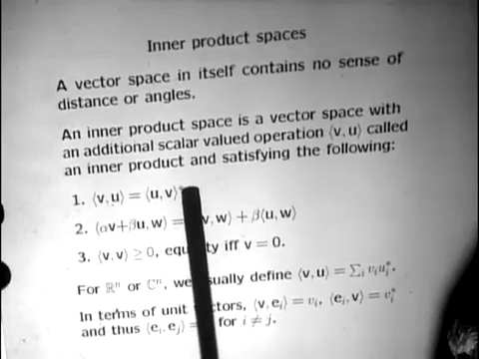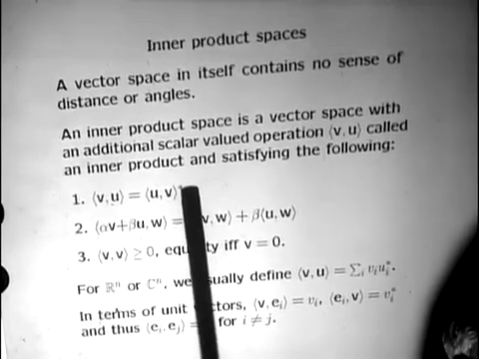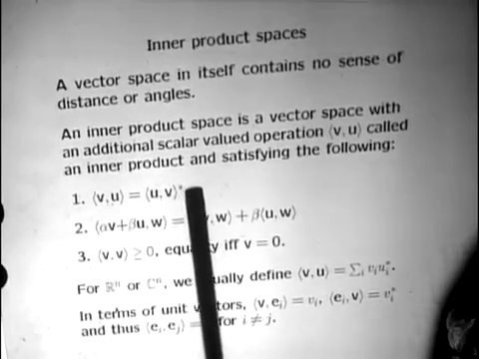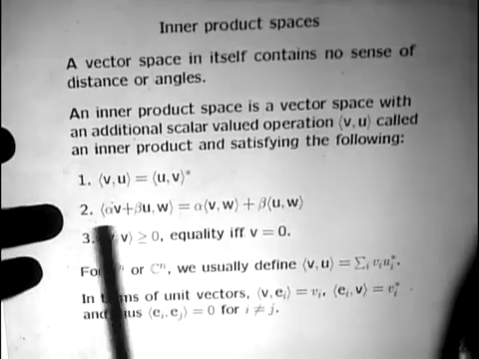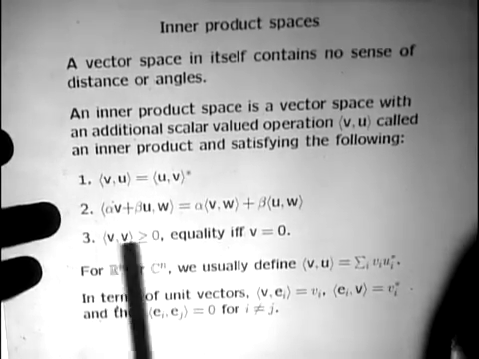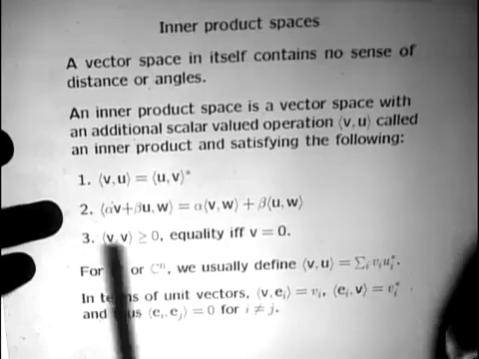Okay, we've already seen that sort of thing in taking Fourier series, and the fact that when you're dealing with complex numbers, symmetry doesn't usually hold, and you usually need some kind of Hermitian symmetry in most of the things you do. The next axiom is something called bilinearity.